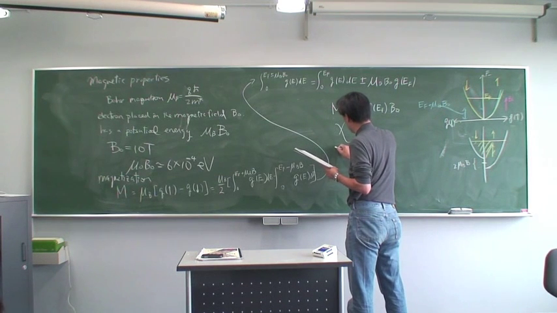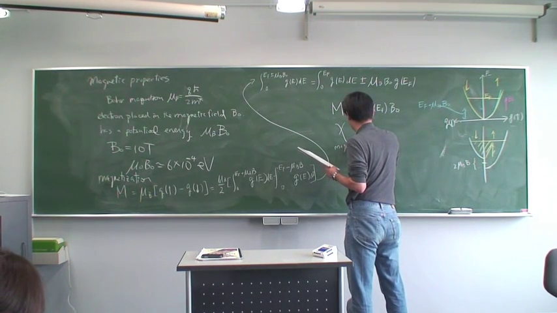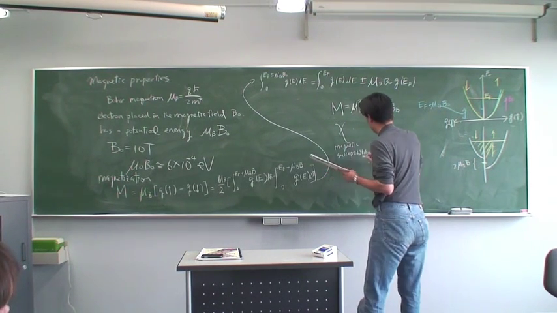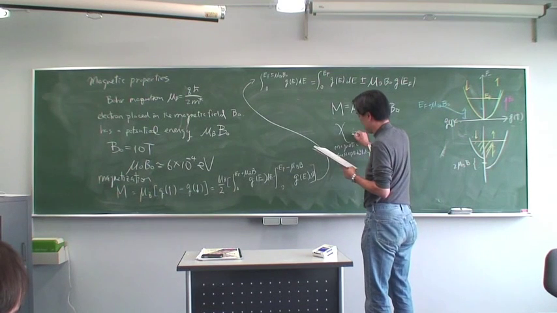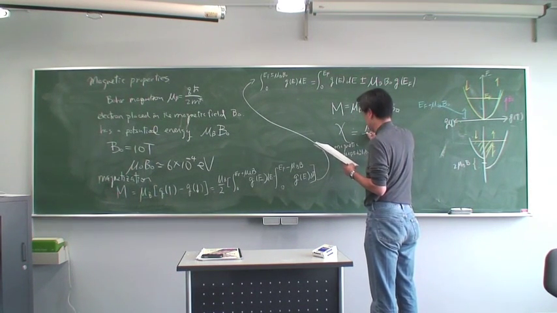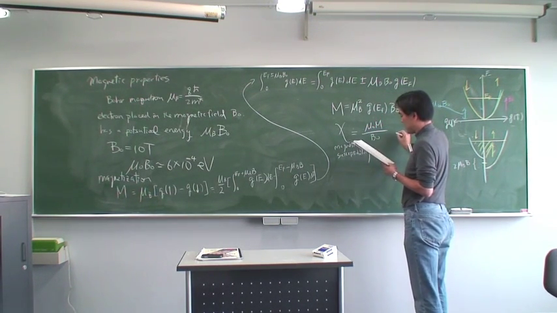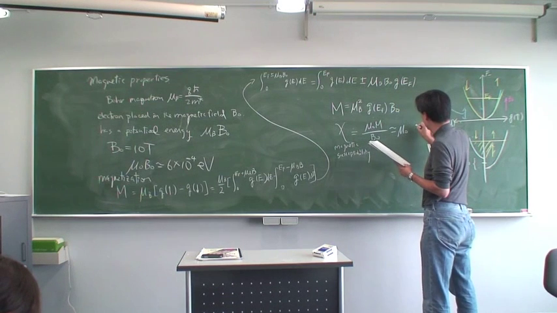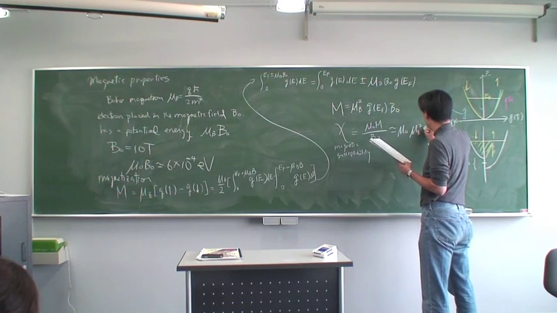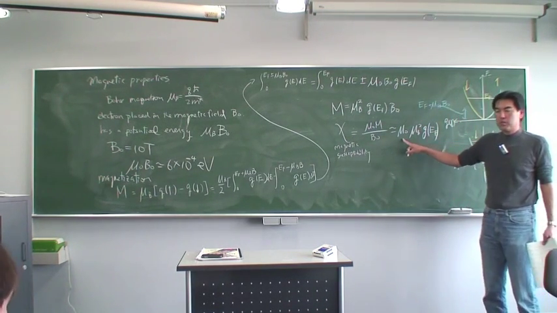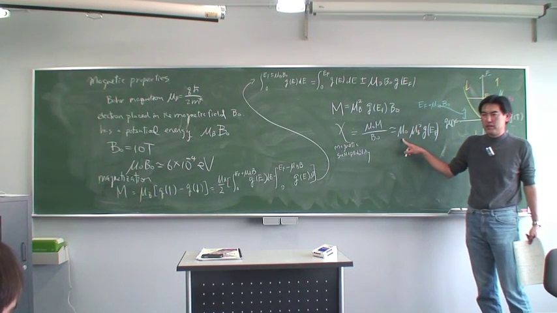And magnetic susceptibility chi is given by mu naught M over B naught, which is given by mu naught mu B square g(EF). Here mu naught is the permittivity of the free space.